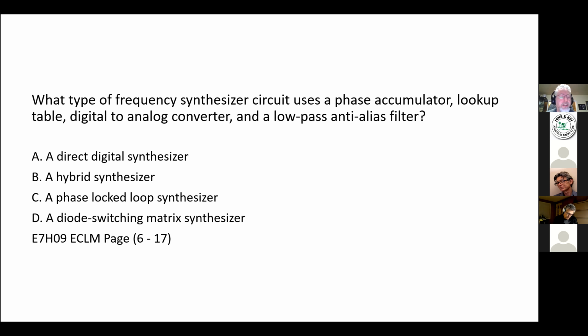A, a direct digital synthesizer. B, a hybrid synthesizer. C, a phase-locked loop synthesizer. Or D, a diode switching matrix synthesizer. Alpha. The correct answer is alpha, a direct digital synthesizer.